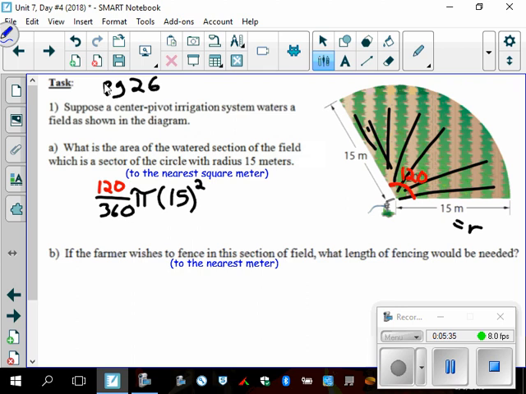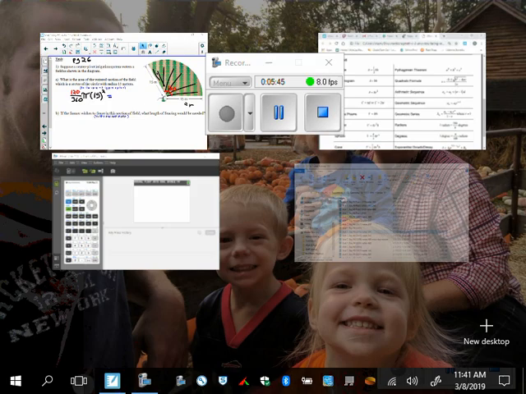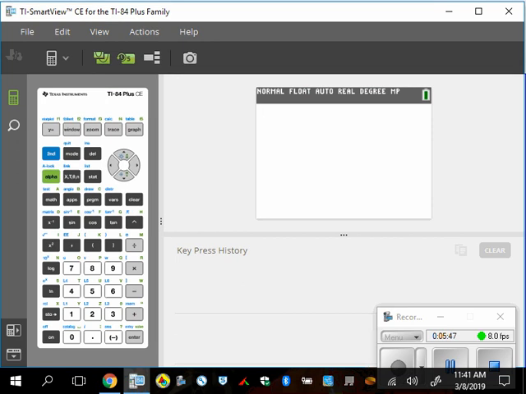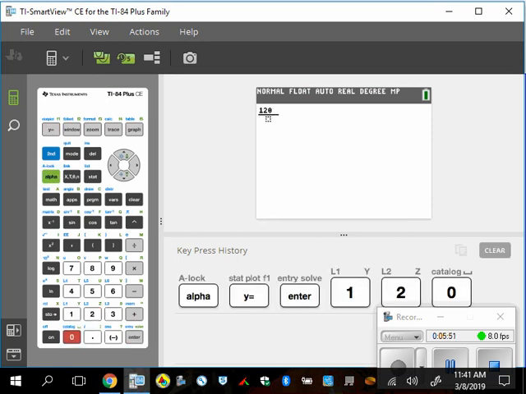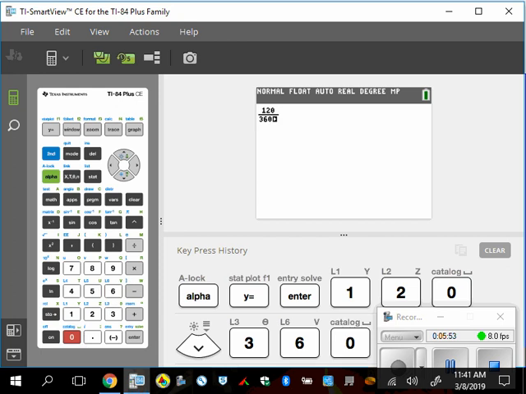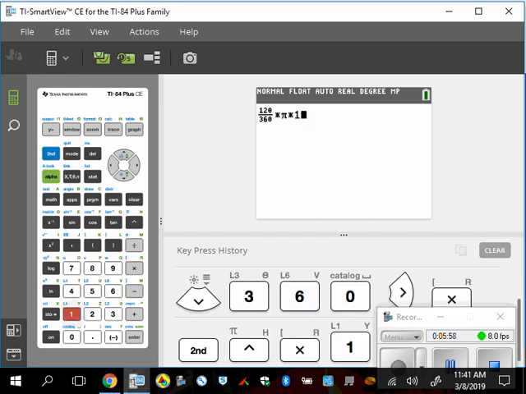And this says to the nearest square meter, so that means I want to type this in my calculator. So I go to my calculator, and if I hit alpha y equals enter, I get the fraction template. 120 out of 360 times pi times 15 squared.